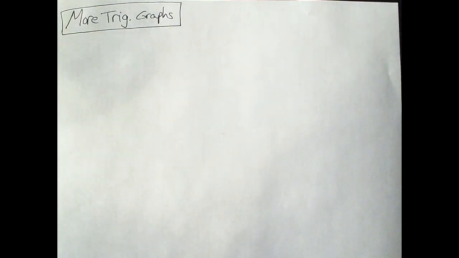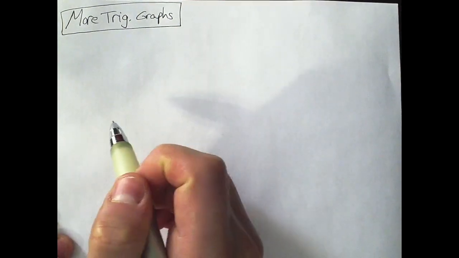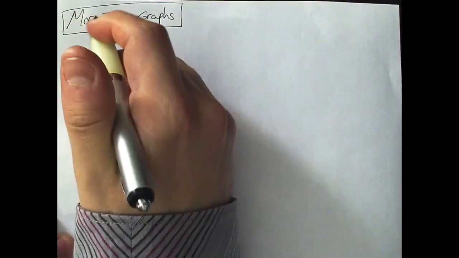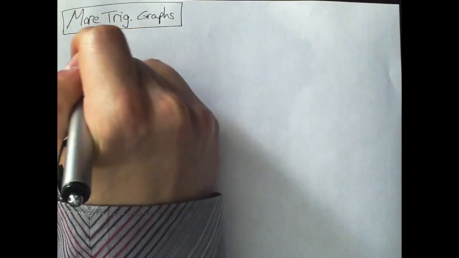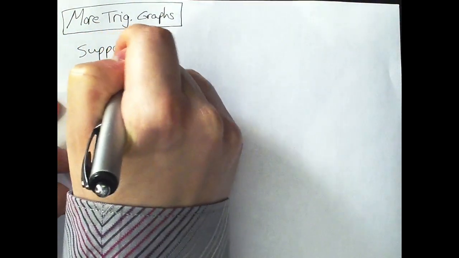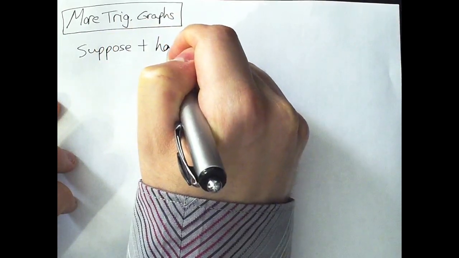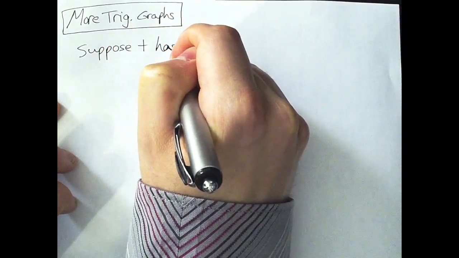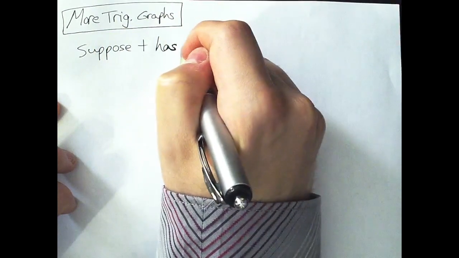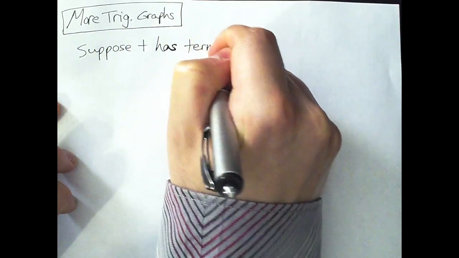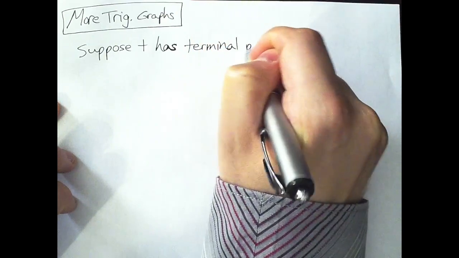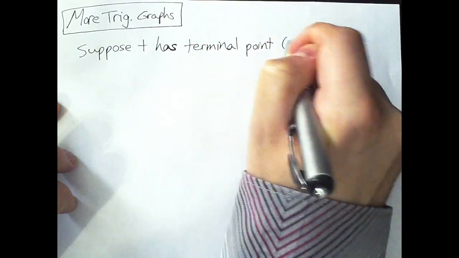All right, let's talk about the unit circle again so that we can talk about tangent and the other ones. So first of all, suppose t, a t value is how far we go around the unit circle. Suppose t has terminal point x comma y.